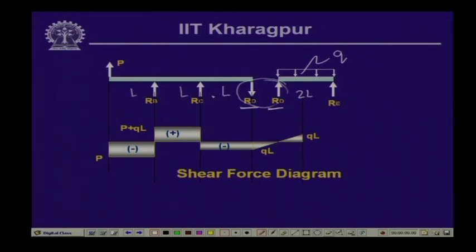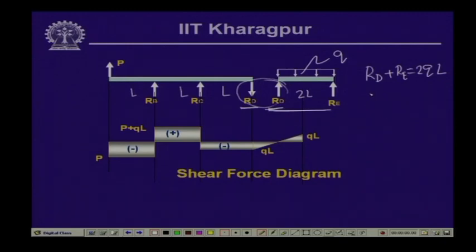Now, summation of horizontal forces equal to 0 gives the horizontal component equal to 0. Now, summation of vertical forces, if we take this particular part, R d plus R e is equal to twice Q L, Q times 2L. So, this is one equation.